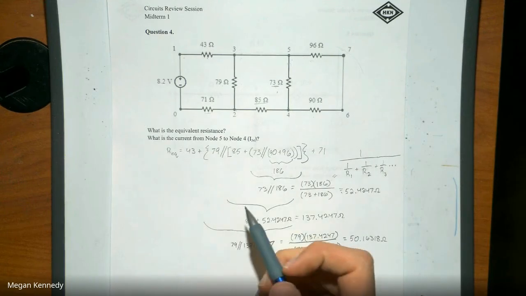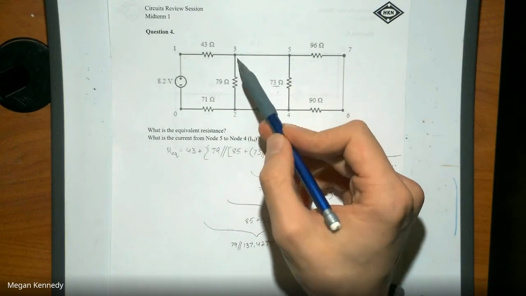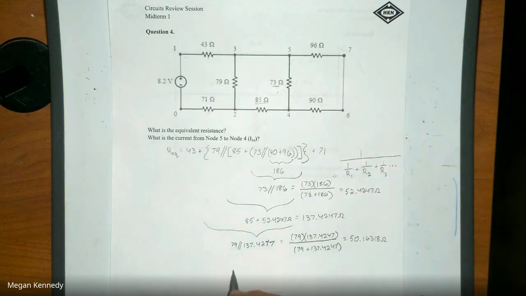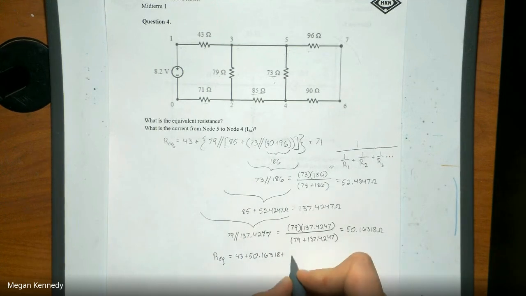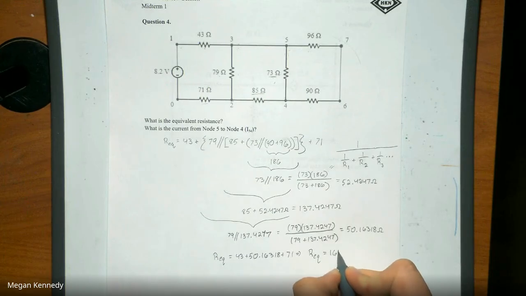Now we have that, we can simply add our equivalent resistance here with the other resistors. So we have our equivalent is equal to 43 plus 50.6318 plus 71. That gives us a total equivalent resistance of 164.16.